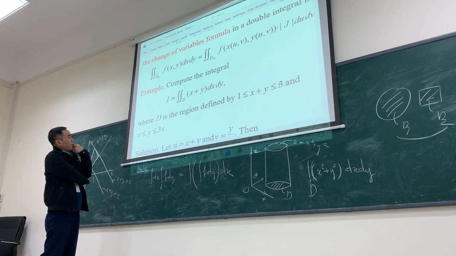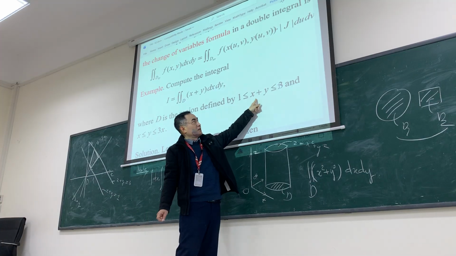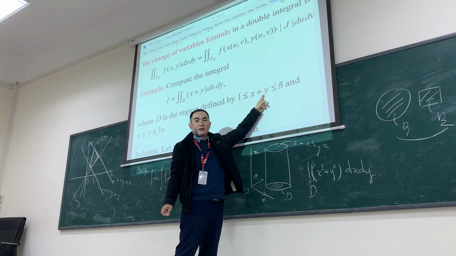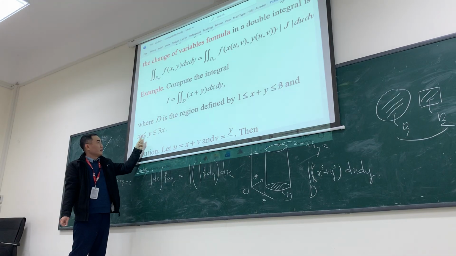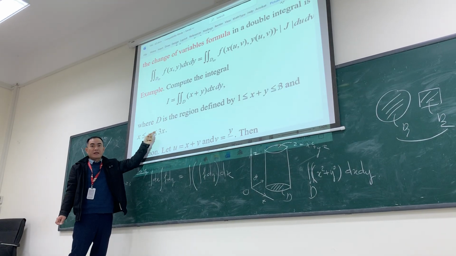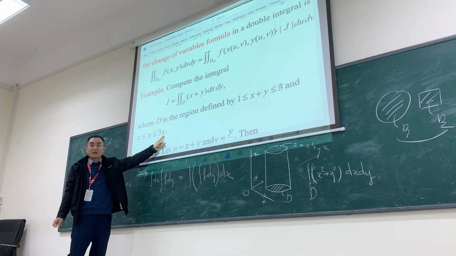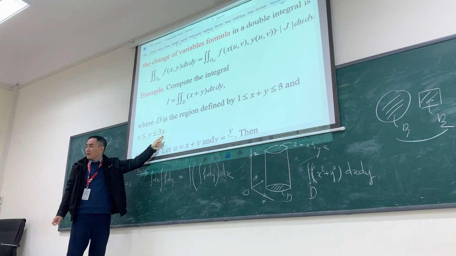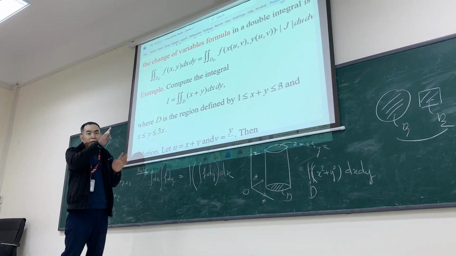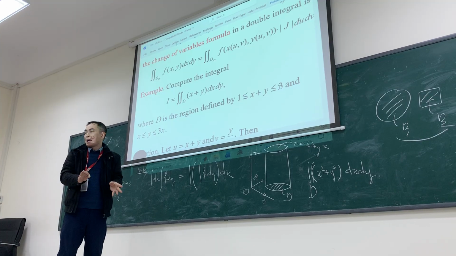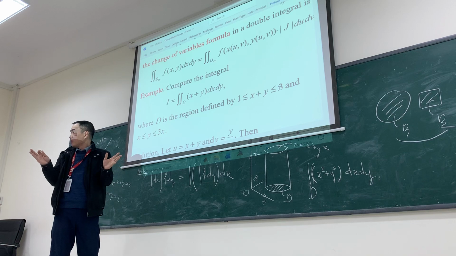Maybe we can take u equal to x plus y, and v equal to y over x, by dividing both sides here by x. Then 1 less than v less than 3. If you change variable, u equals x plus y, v equals y over x, then we have the domain D with respect to u and v, which is simple.